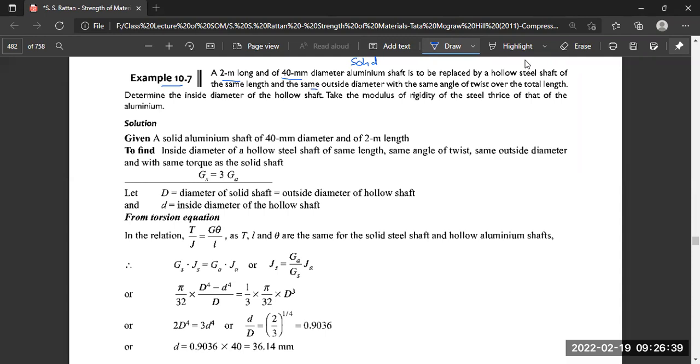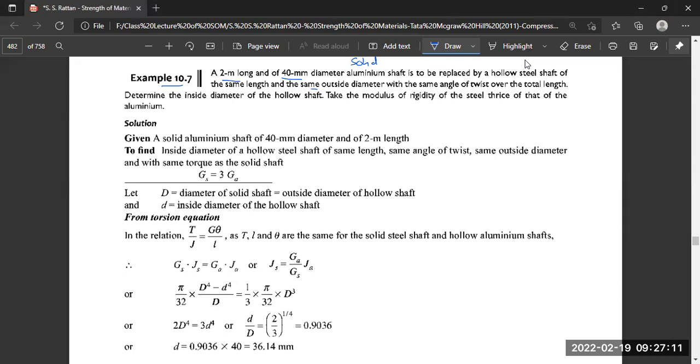So the steel shaft has a length of 2 meter and an outside diameter of 40 millimeter, but it is made of steel, not aluminum, and with the same angular twist theta over the total length. We are supposed to determine the inside diameter of the hollow steel shaft. Also given is the relation that the modulus of rigidity of steel is 3 times that of aluminium.